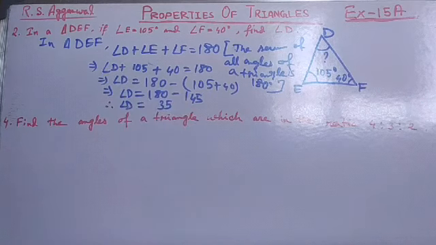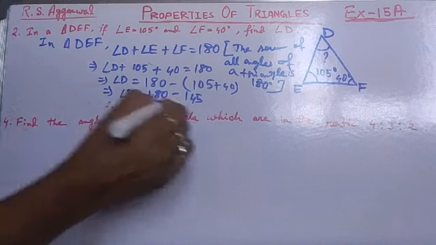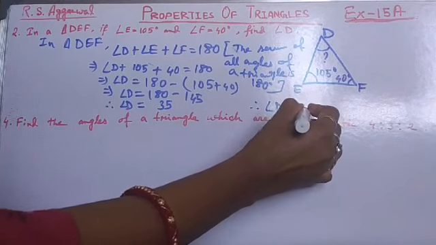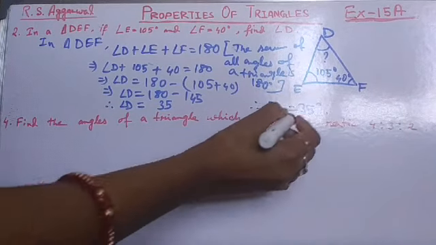Angle D equal to 35. Therefore, angle D equal to 35 degree.